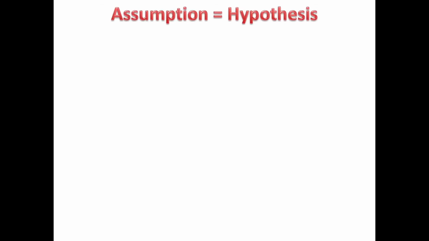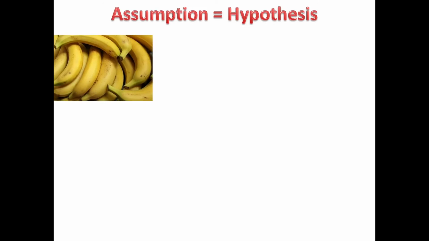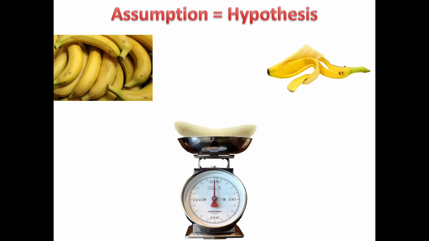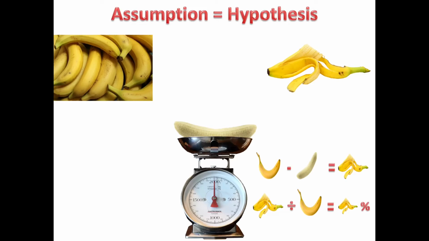To do that, you have to design an experiment to test your assumption or hypothesis. You want to collect bananas, weigh them whole, then peel them and weigh the edible fruit that's remaining. This will allow you to calculate a proportion of peel weight to total banana weight.